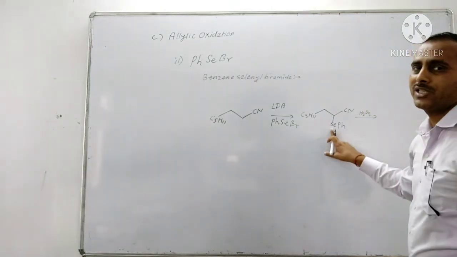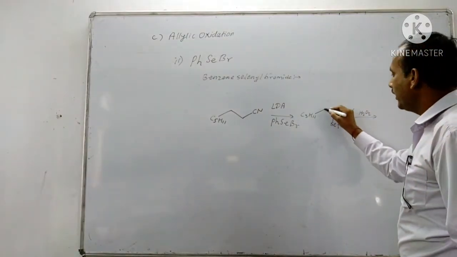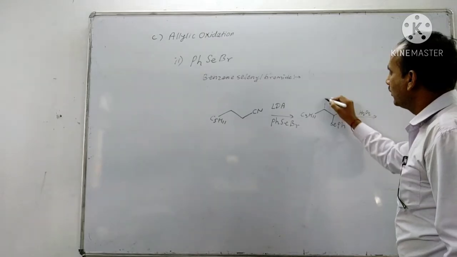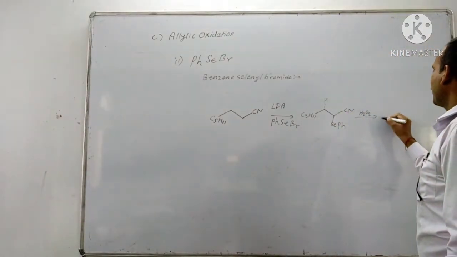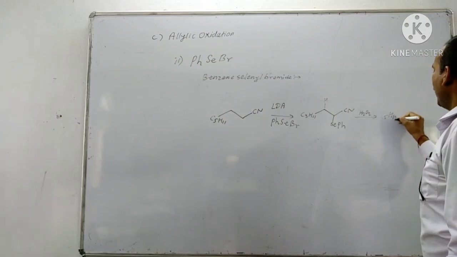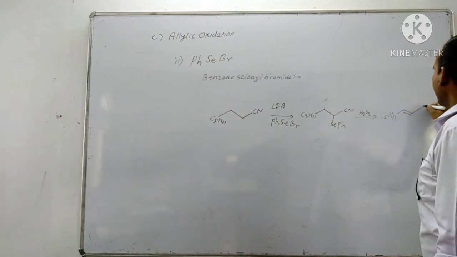Then this selenium is oxidized to selenium oxide and there is loss of proton from this to form the alpha beta unsaturated cyanide. So C5H11 double bond CN.